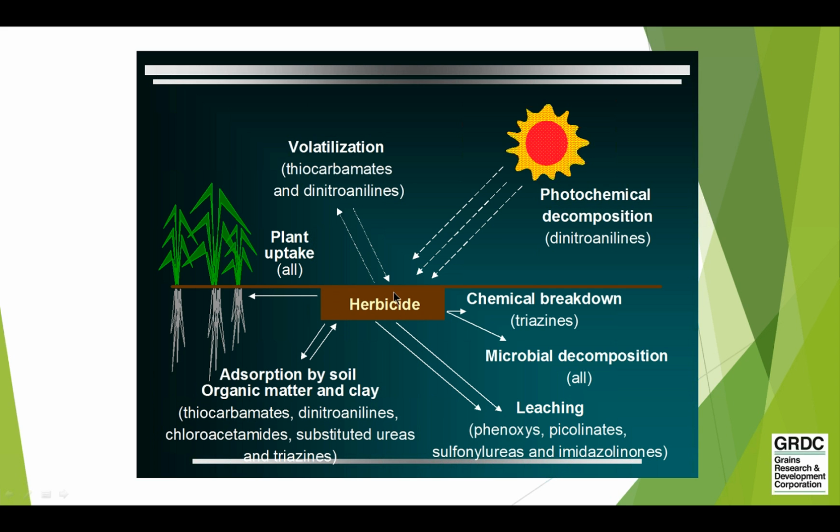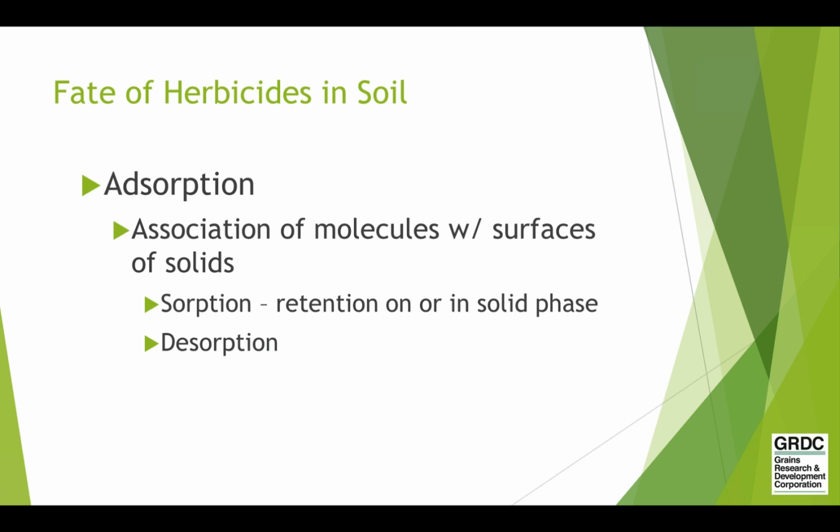All of these interactions affect the total pool of herbicide which is actually available for plant uptake and determines the herbicidal activity. And all of these different factors are important in order to understand the comparative behavior of these 5 herbicides. So one of the major factors that affect the fate of herbicides in the soil is their adsorption or interaction with the soil.